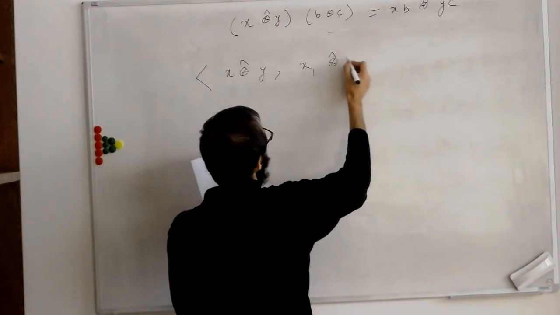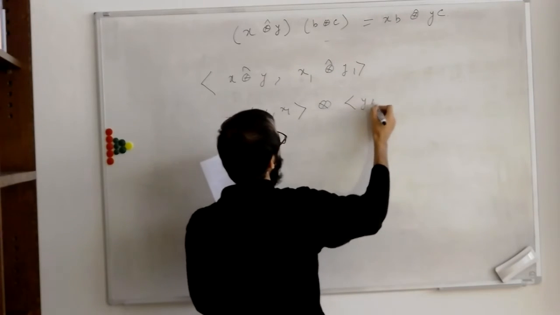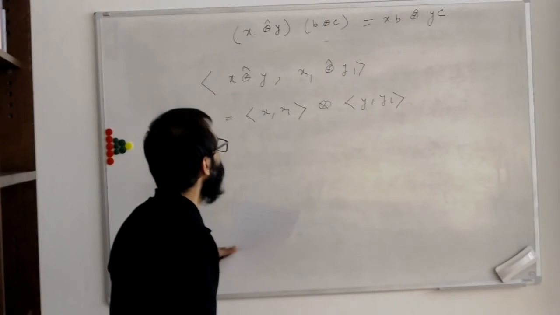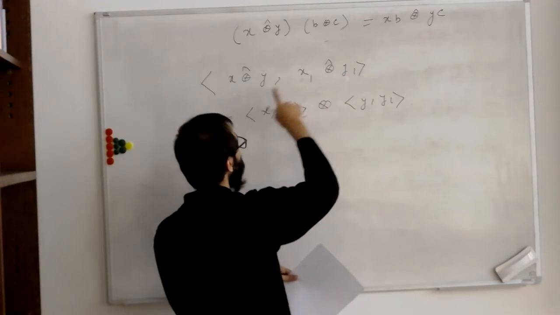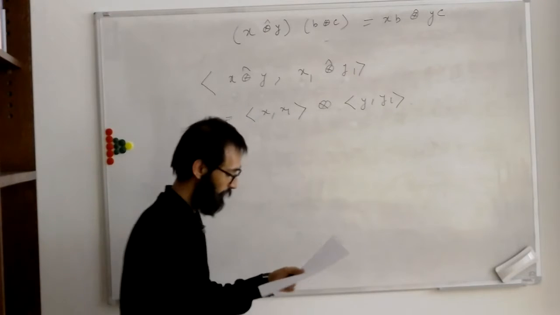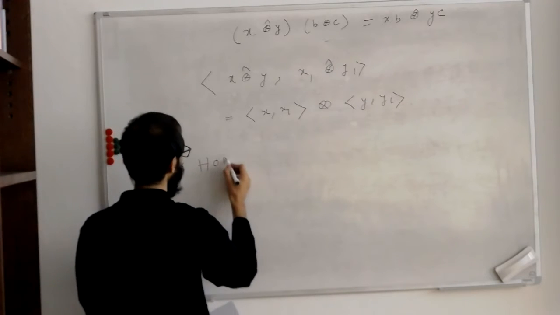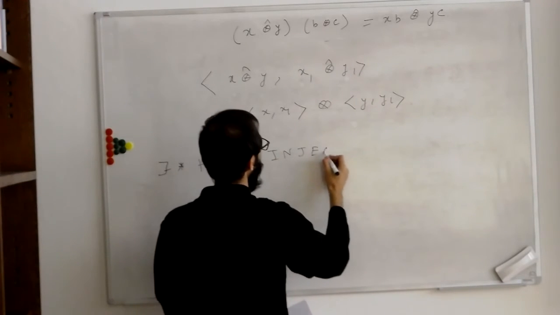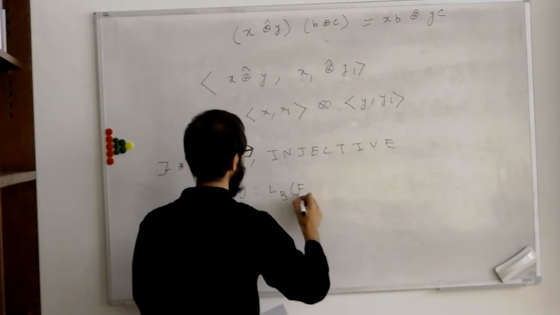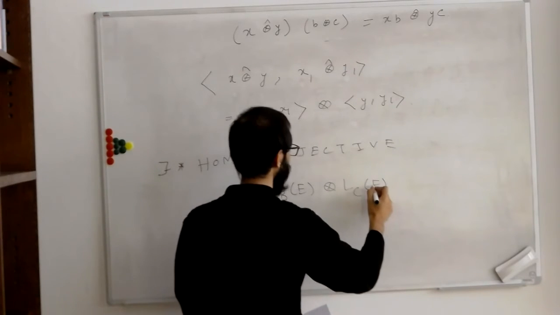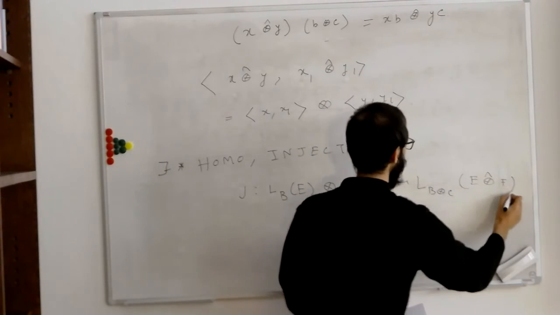Let me write x1, y1: x is in E, x1 is in E, so this is in B, y is in F, y1 is in F, so this is in C, and the product is in B tensor C. And this is the injective star homomorphism from L(E) tensor L(F) to L(E tensor-hat F).